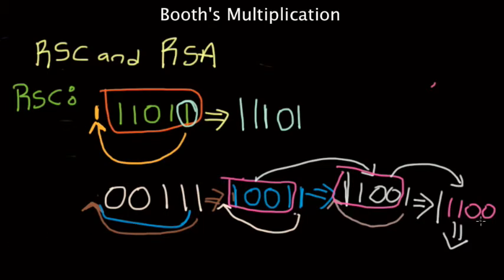What do you do? Like I said, you bring the 0 up front and take all the remaining numbers along with you. So it's going to be 0 and take all these numbers with you, 1 1 1 0.